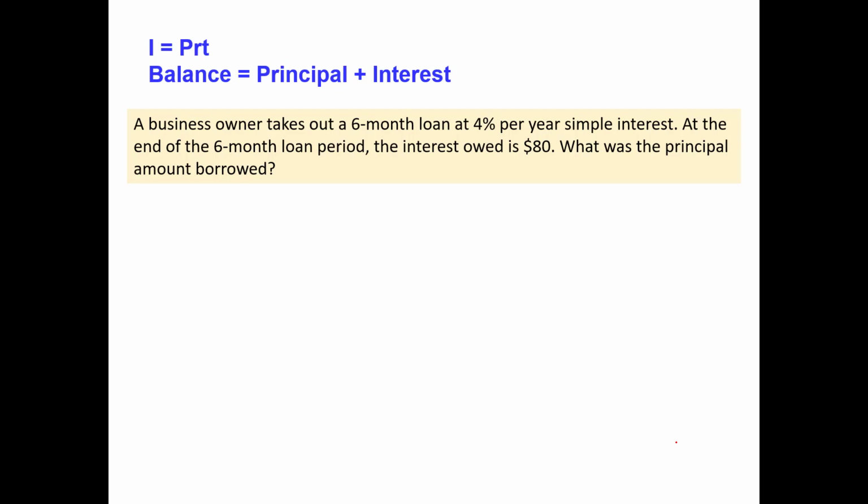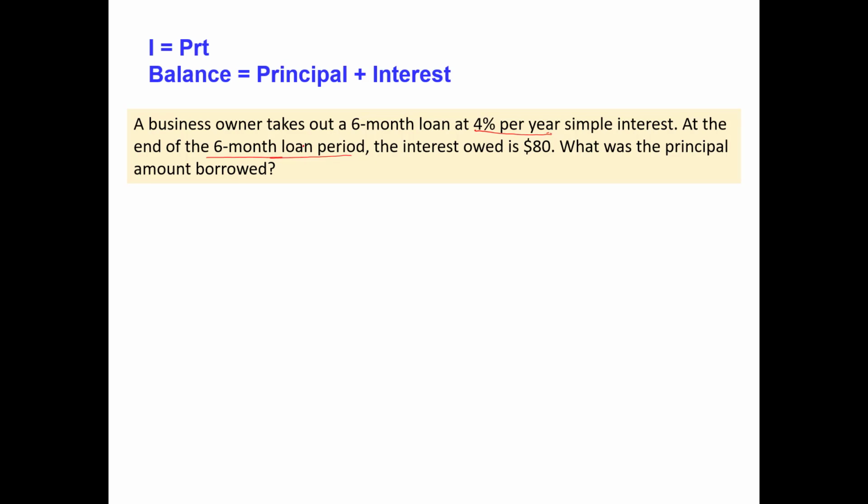In this case we need to be careful with the units. Remember, the units of the rate and the time must be the same. Let's check the units we have here. We have 5% per year, and here we have a 6 month period, which means the time is 6 months.